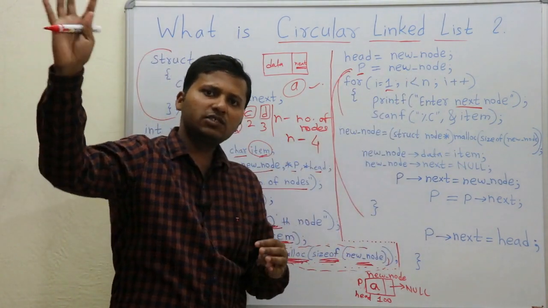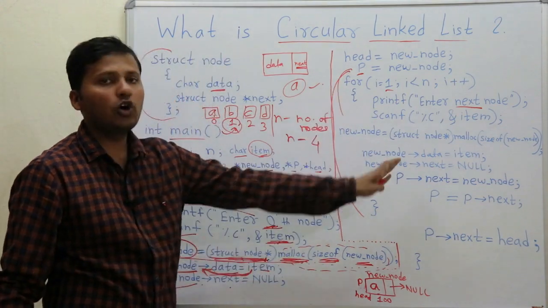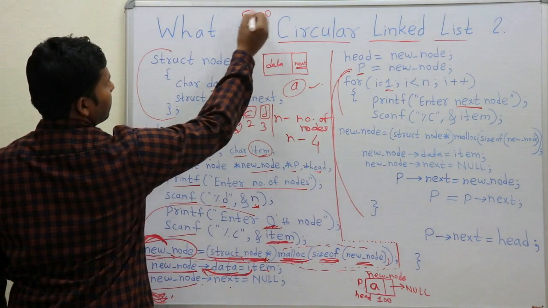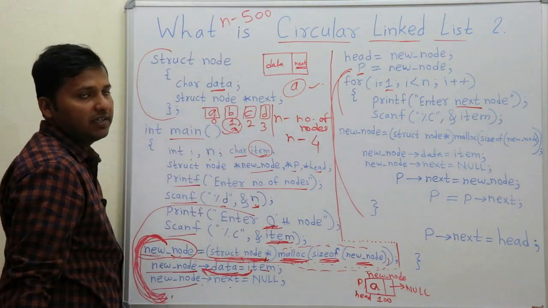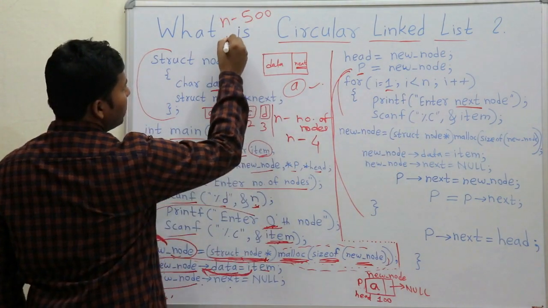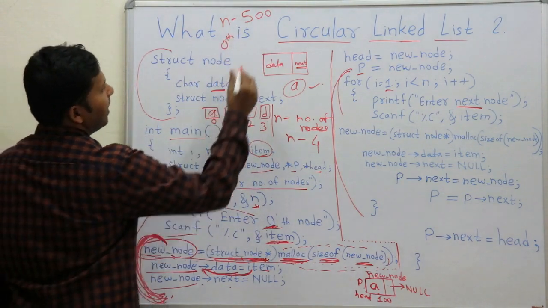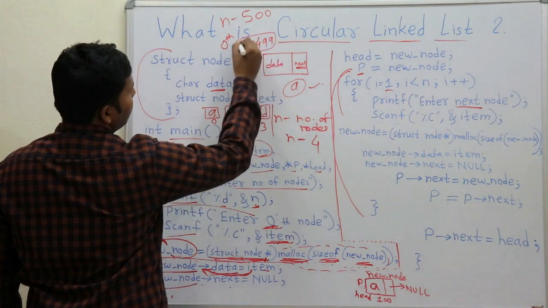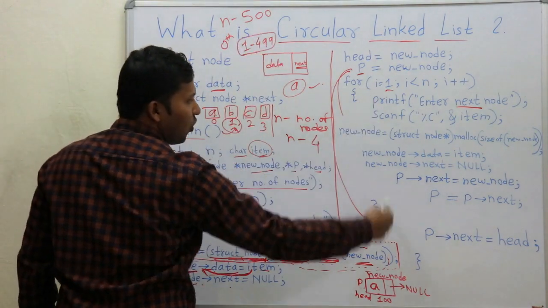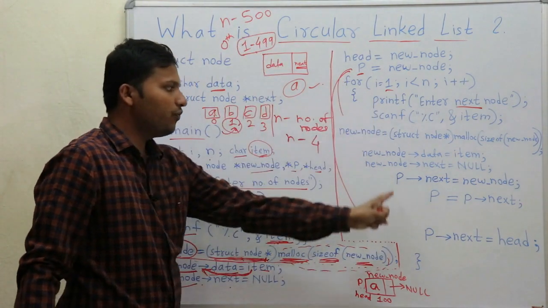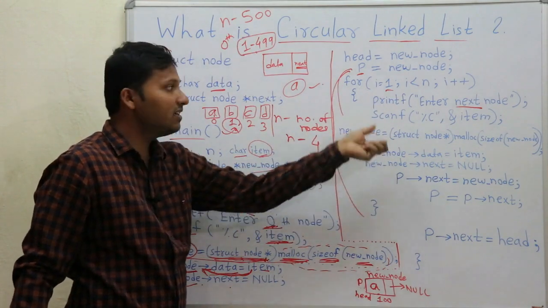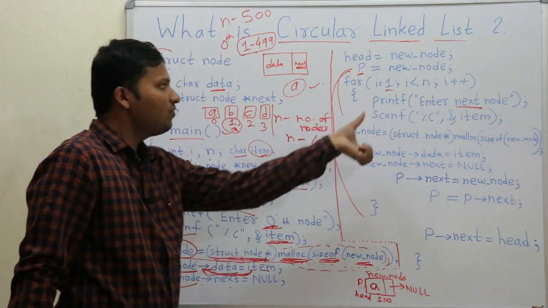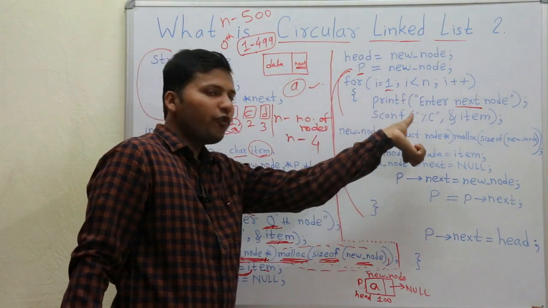So suppose n is equal to 500, then the 0th node is created separately and 1 to 499 nodes are created in this for loop.